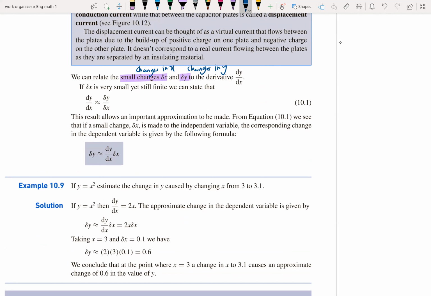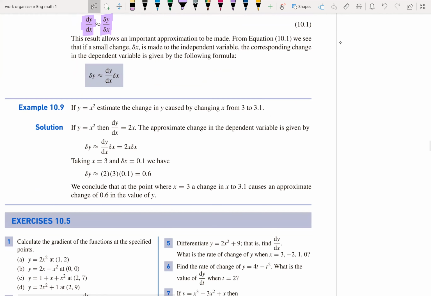So we can see that dy/dx is quite similar to delta y over delta x. And if we twist this around, we can find delta y using differentiation. Let's see the example here.